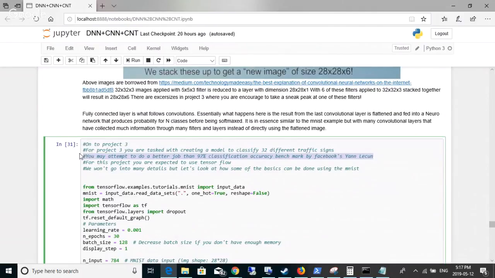Of course, this 97% I believe is for the competition that has a lot more labels, but nonetheless, we're trying to do better than Facebook's Yann LeCun, which is a feel good moment. For this project, you are expected to use TensorFlow, right?